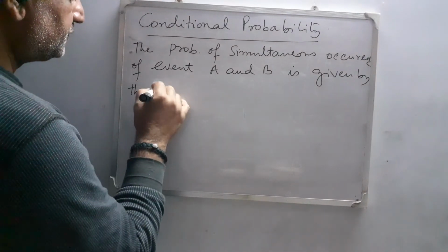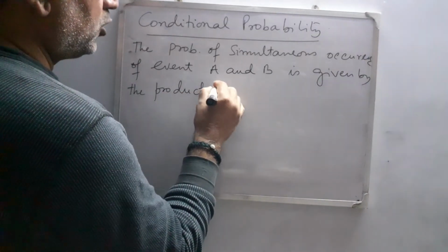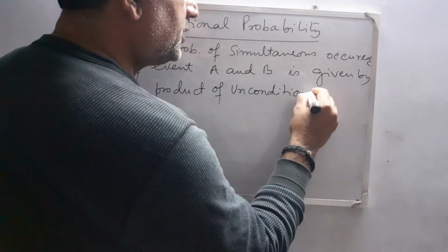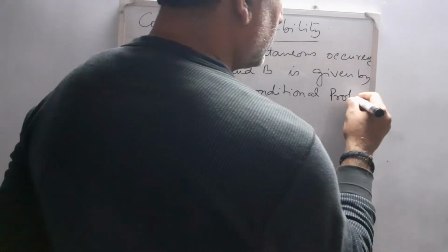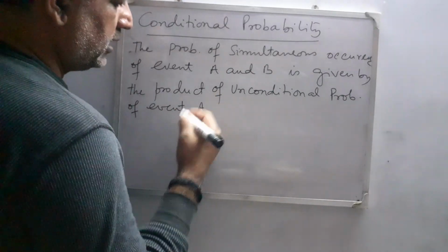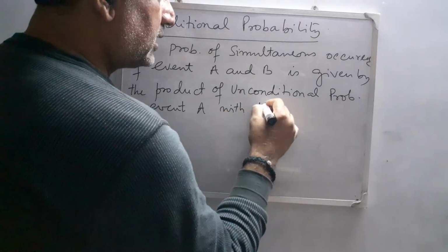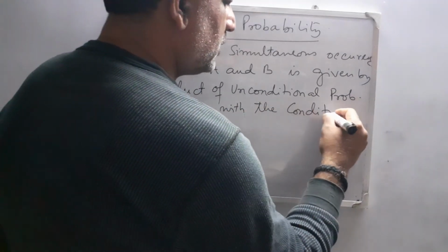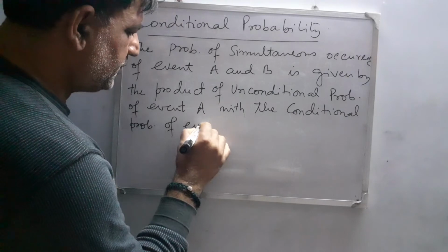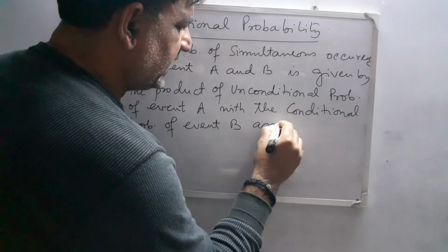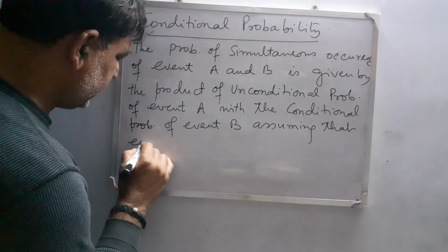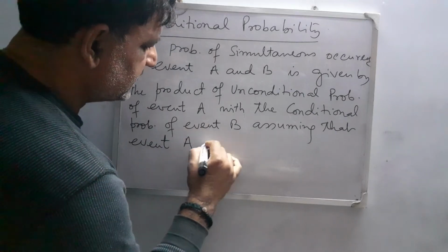the product of the unconditional probability of event A with the conditional probability of event B, assuming that event A has actually occurred.